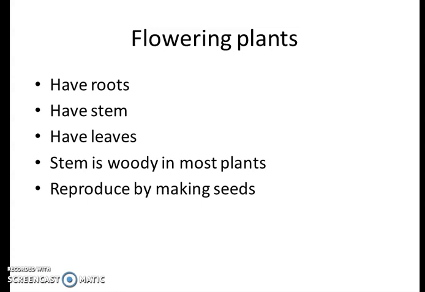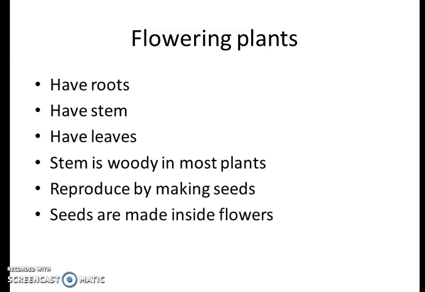And they reproduce by making seeds, and their seeds are made inside the flowers. That is why we call them flowering plants. So it means their way of reproduction is they reproduce with the help of seeds. These seeds are made inside the flowers.